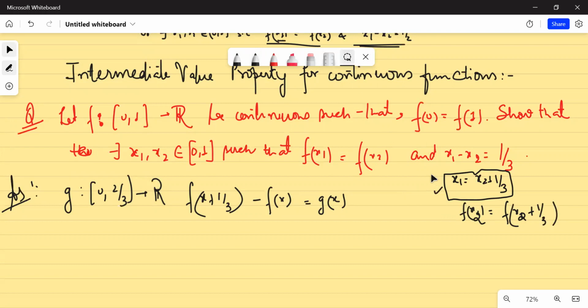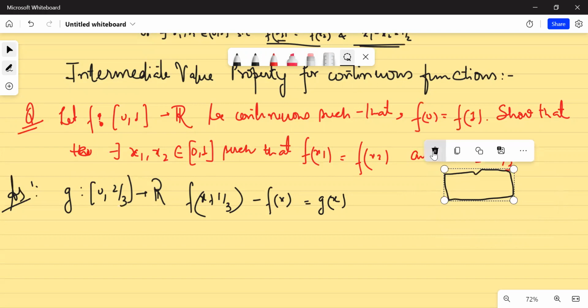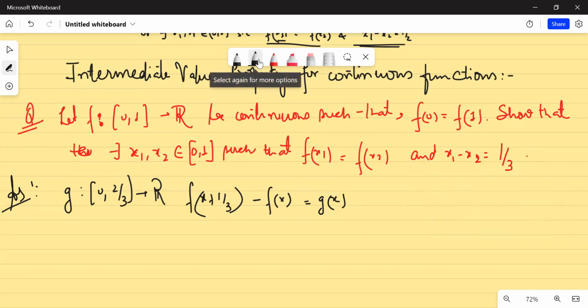Okay, so it is equivalent to writing this only. So I have taken this particular function, g(x) equivalent to this. Now, why have I taken 2/3? Because if I take 1 here, it will become 1 plus 1/3, that is f(4/3), and you can see that your f is defined from [0, 1] only.